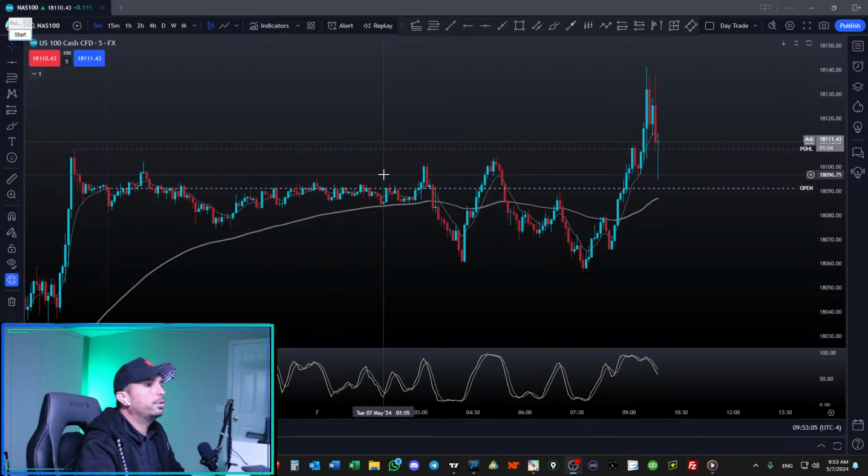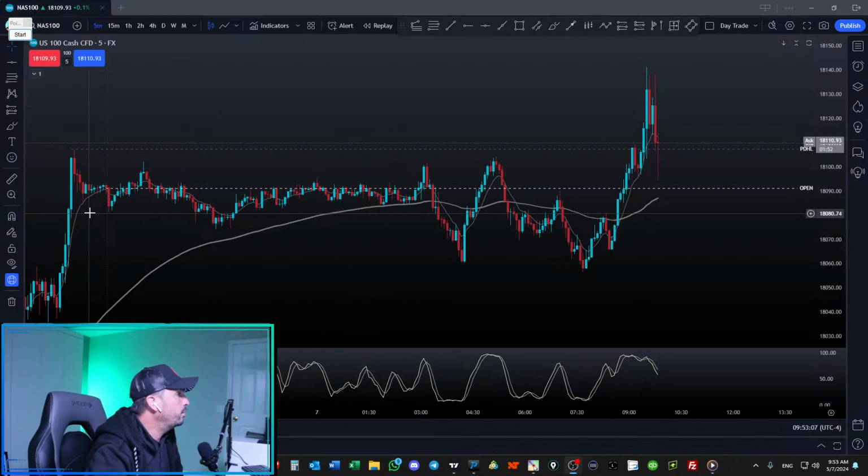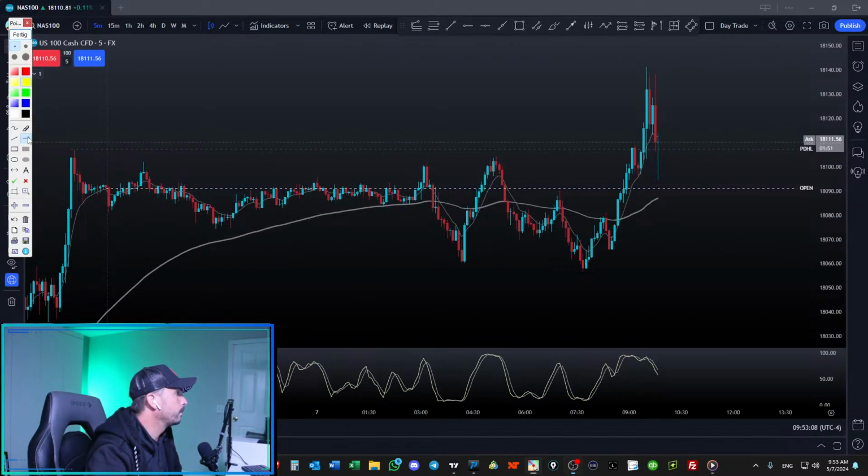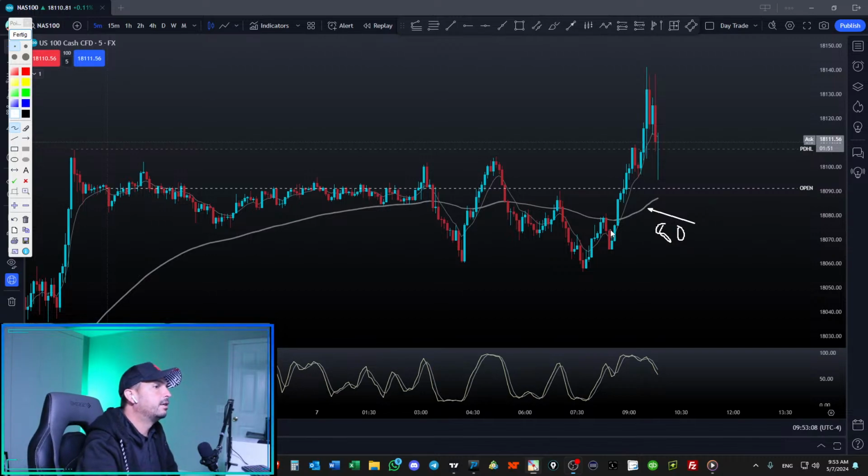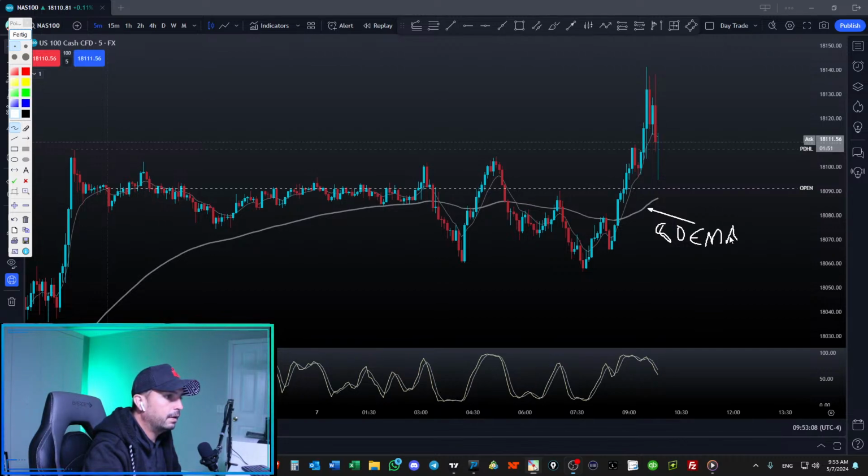So let's go to the strategy here. The strategy consists in, let me get my little tool here. All right. So this is an 80 exponential moving average. I'm terrible using this little pen here. So that's an 80 EMA.